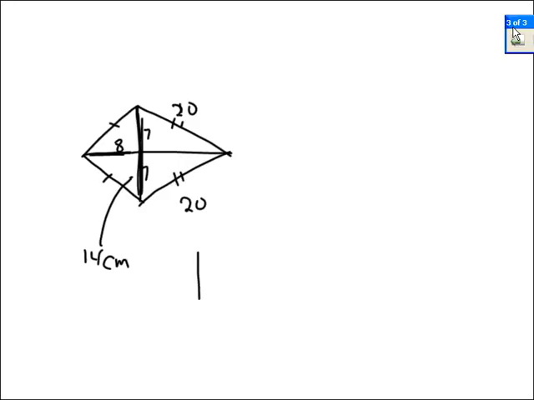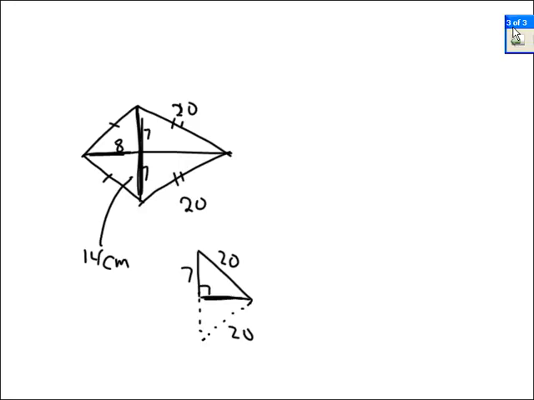So we have this big triangle, the right hand one. It's 14 and 20. But it's isosceles. This is also 20. When I draw this line at a right angle, it cuts it into 2 congruent triangles.